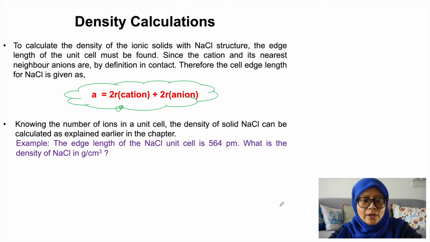This is how to calculate the density of an ionic solid with a sodium chloride structure, where the edge length of the unit cell must be found.